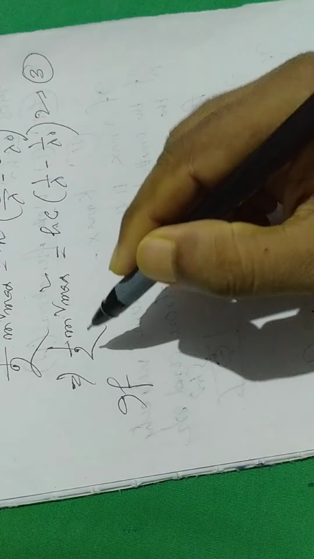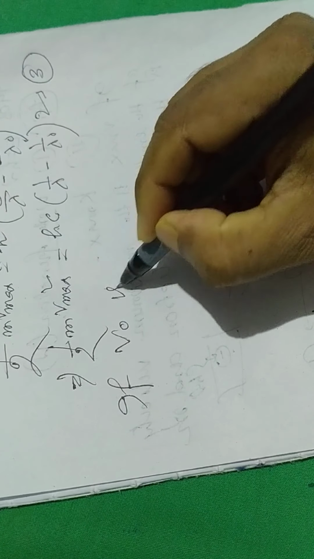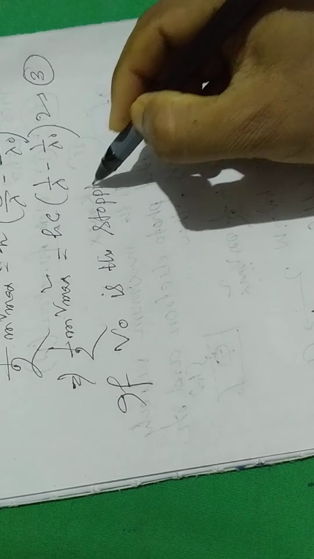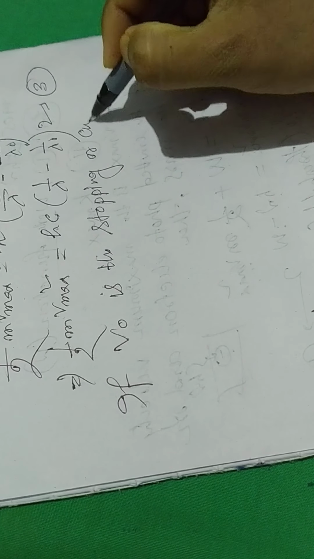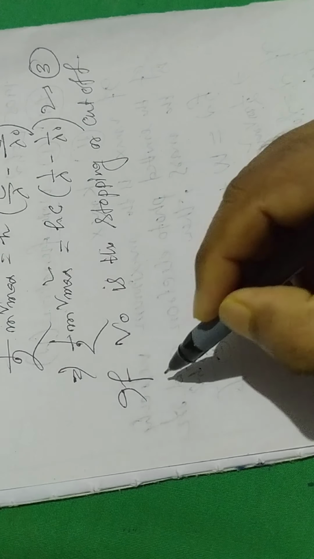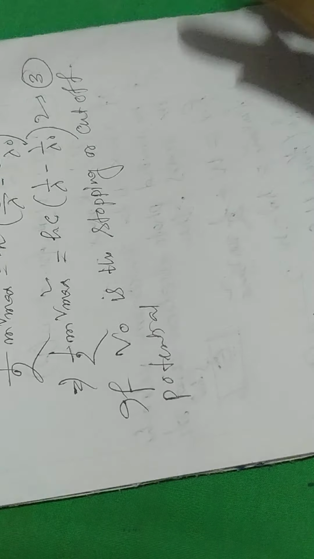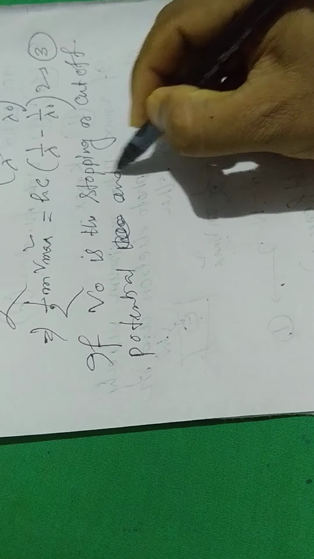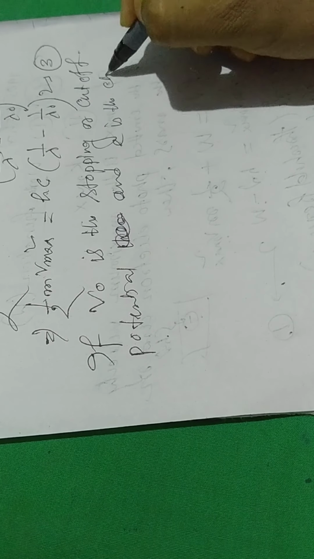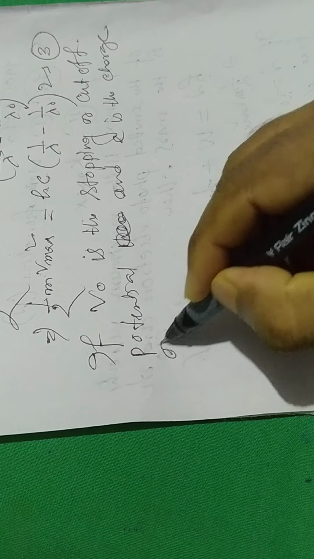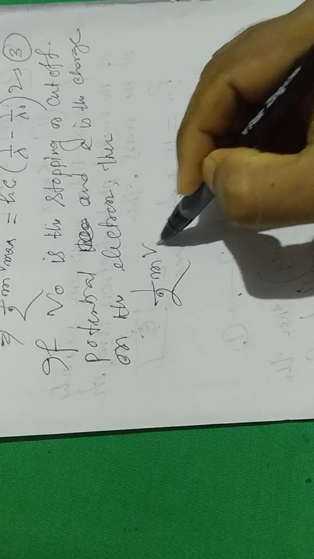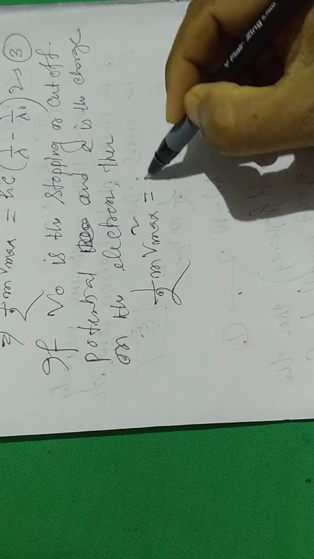Now if V naught is the stopping or cutoff potential and e is the charge on the electron, then the maximum kinetic energy of the emitted photoelectron becomes eV naught.